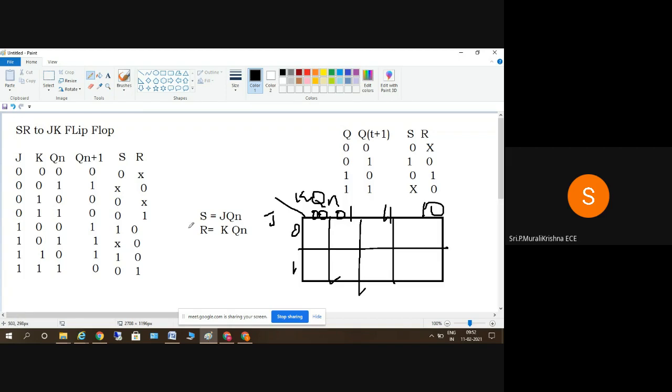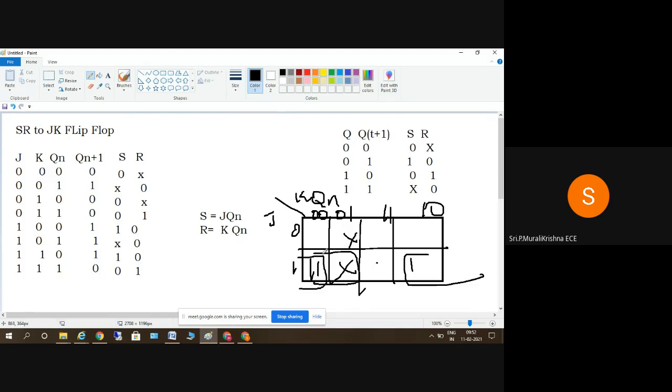Okay. And so what are the values of S here? So 0, don't care, 0, 0. So 1, don't care, 1, 0. 0. Okay. So this is 1 and this is the second pair here.